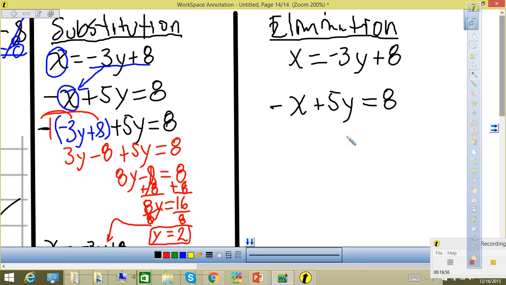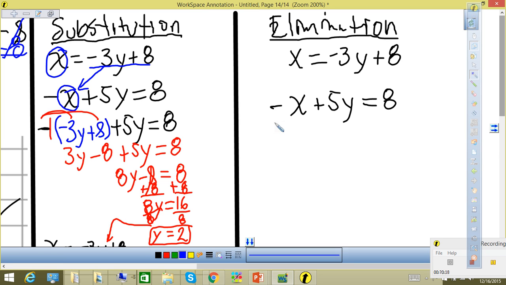So, to use the elimination method, what is the first step? Edgar. Help him out, Caitlin.